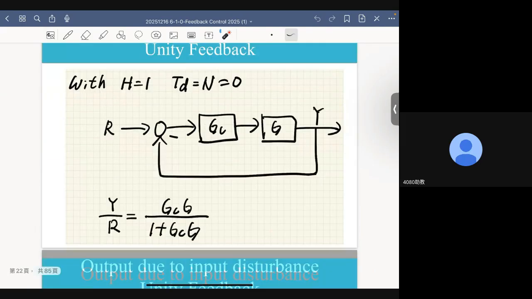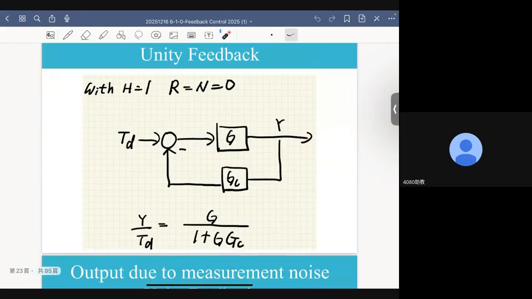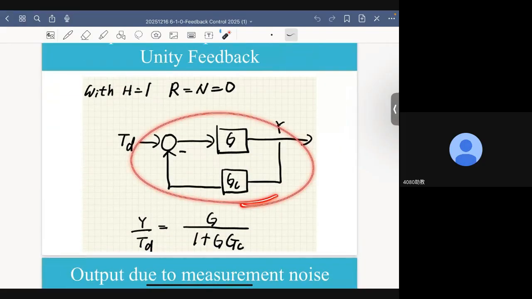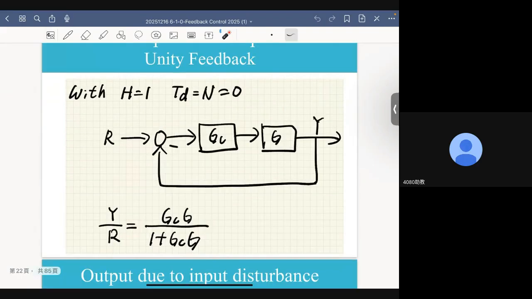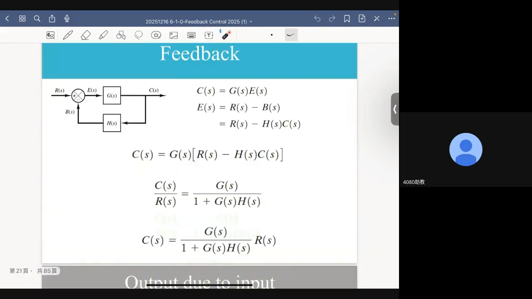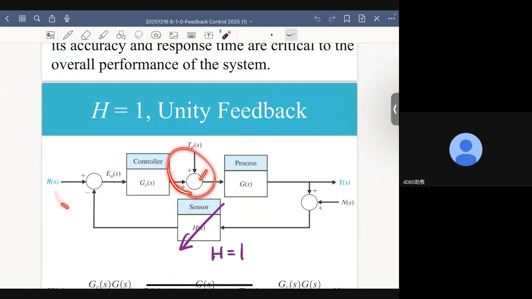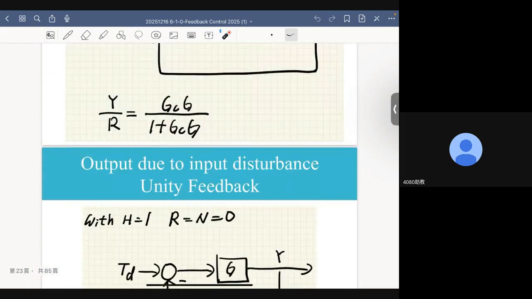This feedback control system is different from that one, right? Why is that the case? Because TD and R enter into the closed-loop feedback system at different locations, different junctions.